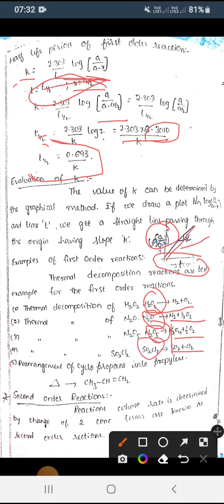These reactants are 1. All of these happen under thermal decomposition only, meaning under heating conditions. That's why we call it a first order reaction.